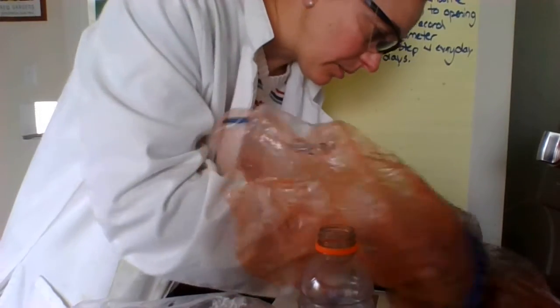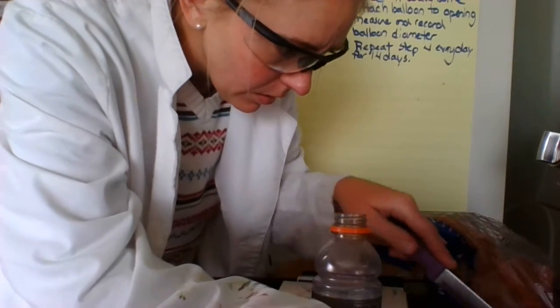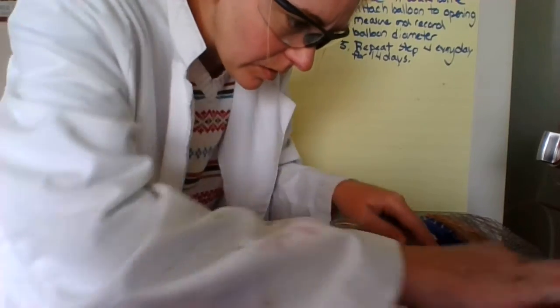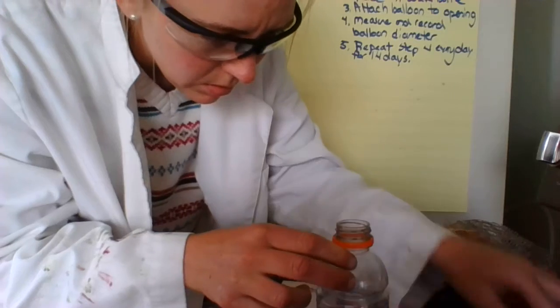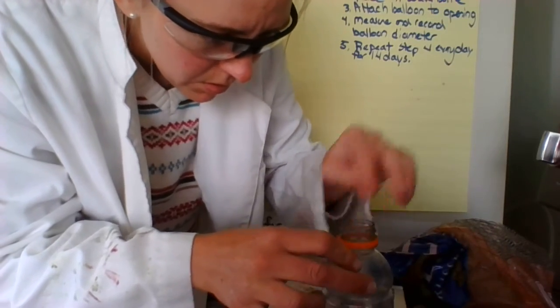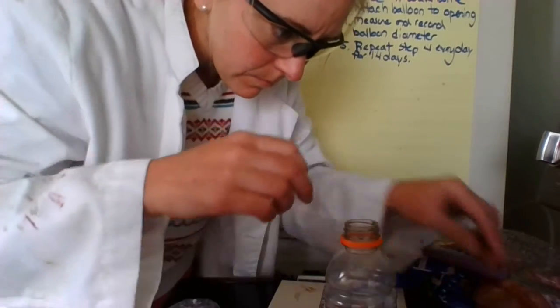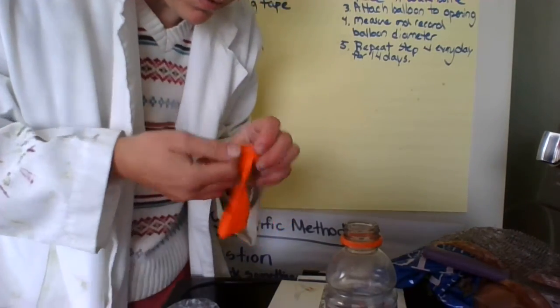So, you know, put up some of this potato right here. It's already got some brown spots on it, so that's perfect. Put that in my water bottle. Shove that in. Alright, and then I'm going to put my water balloon on top of it.